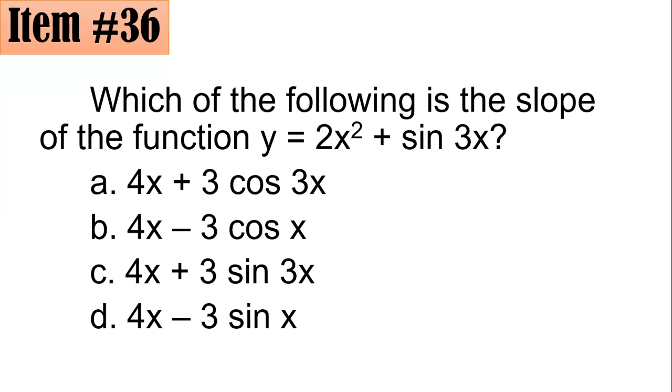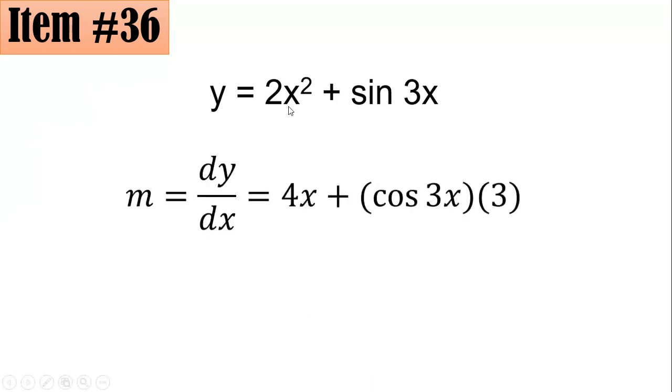36. Which of the following is the slope of the function y equals 2x squared plus sine 3x? The slope of any curve or function is in fact its first derivative. So we will be taking the derivative of y equals 2x squared plus sine 3x. For 2x squared, we will use the power rule; here it's 4x.